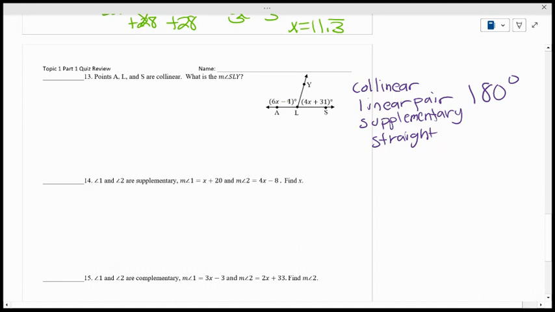So if you look at these, this plus this is going to equal 180. So that's my equation. 6x minus 1 plus 4x plus 31 equals 180. Solve it. 6x plus 4x, 10x.